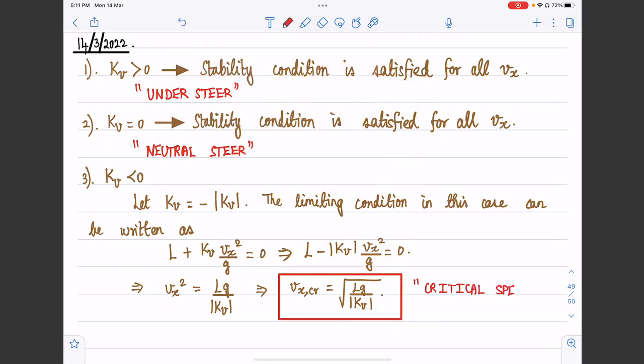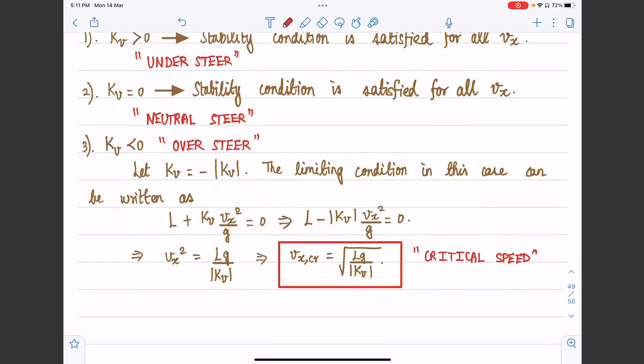And this condition where kV is less than 0 is what is called an oversteer condition. Okay, so when kV is less than 0, the vehicle is said to be in a state of oversteer. Okay, and there is this corresponding critical speed beyond which cornering stability is lost.